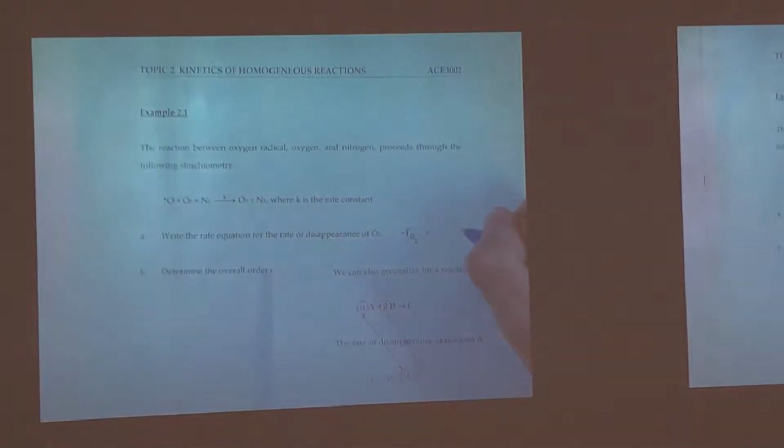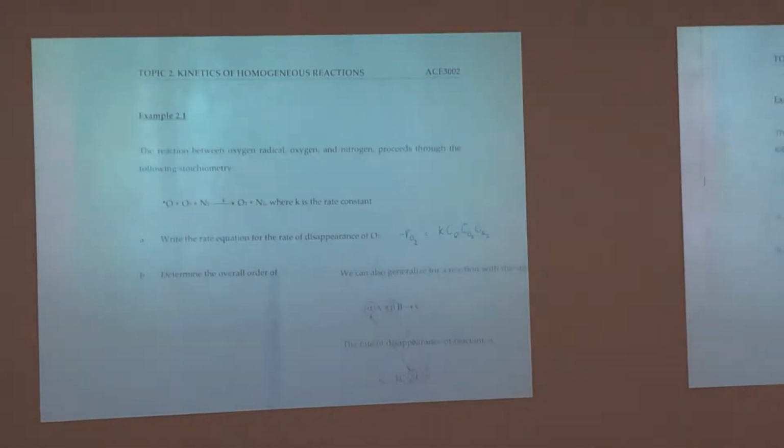So it will be the concentration of these 3, right? Concentration of oxygen, concentration of oxygen radical, oxygen, and concentration of nitrogen. And then the rate constant, yes. Anything else? Okay, that's all right.